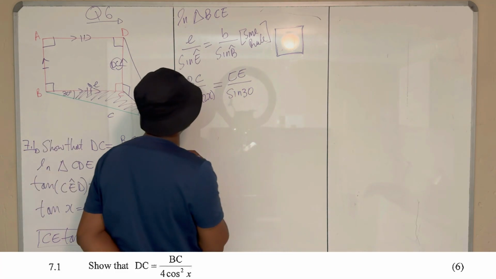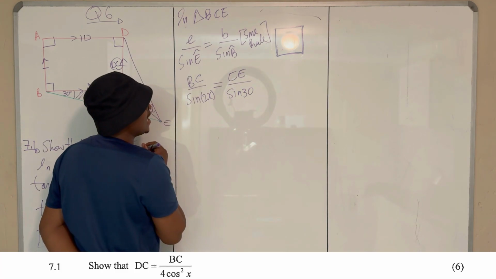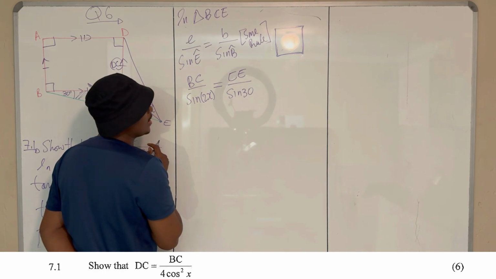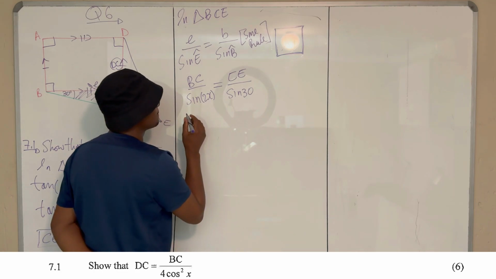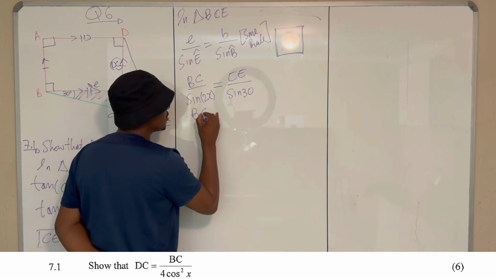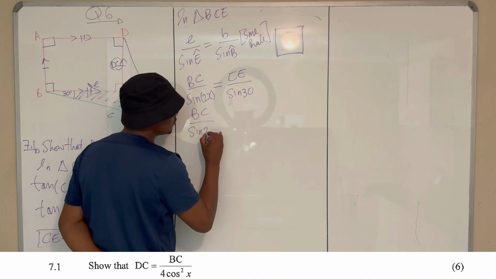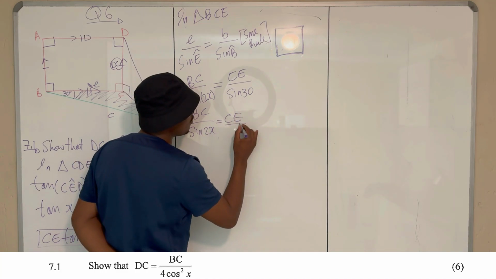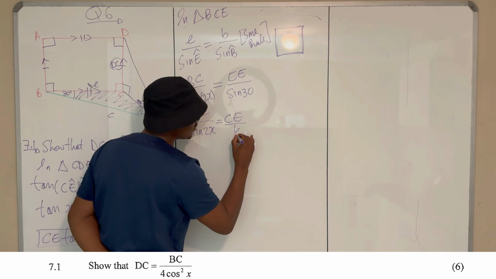So we can simplify this and say BC over sine 2x is equal to CE over the answer to this, which is 1 over 2.